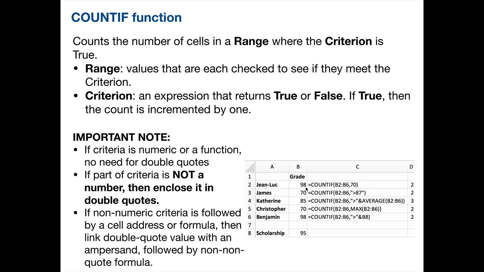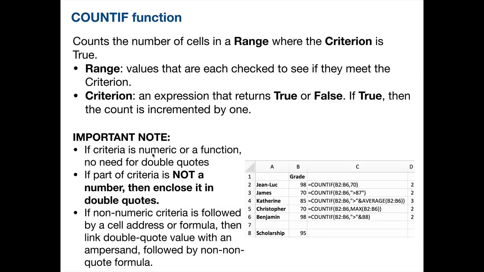So for example, this is the tricky thing here. If the criteria is numeric, or if it's a function, then there's no need for double quotes. So look what we have here. We're essentially saying, go through these values here, their grades, and if the value equals 70, then count them up. Well, we have 1 and 2 values where the value equals 70, so that's why we have a 2 over here.